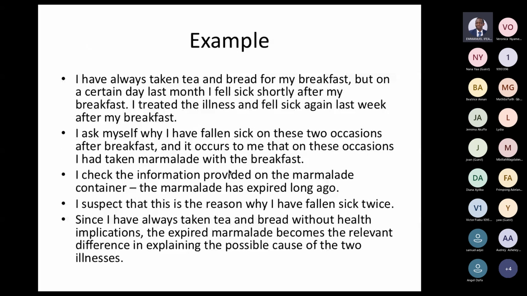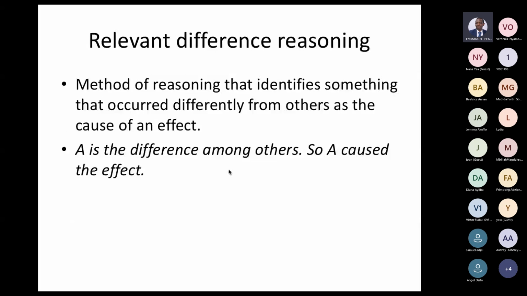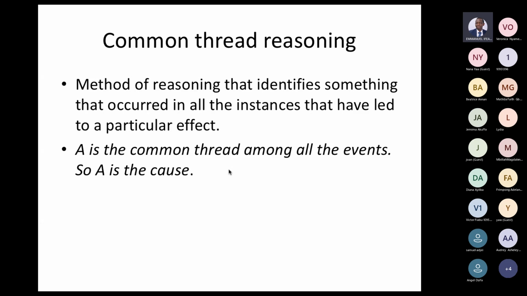The relevant difference is when you're looking for a difference that can be relevant to explaining an effect. And then the common thread is when you're looking for a commonality, something that runs through all the cases of a problem that can explain that problem.